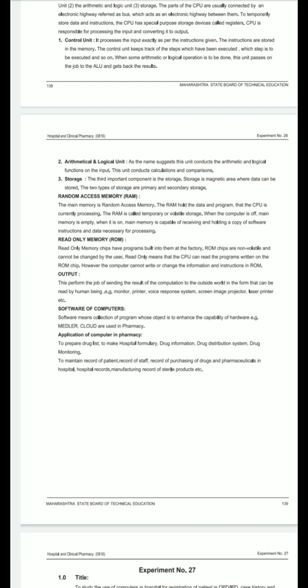For example, monitor, printer, voice response system, screen image projector and laser printer, etc.